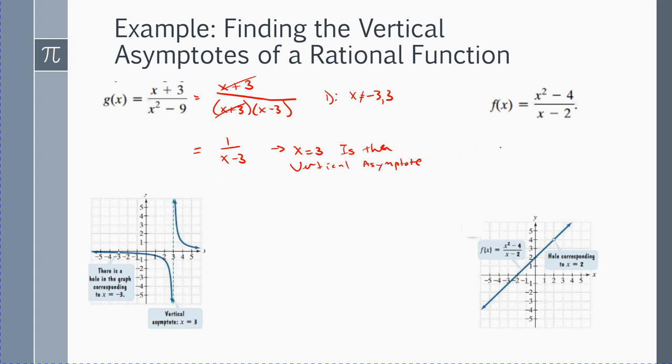So here, let's look at this. f of x is equal to x squared minus 4 divided by x minus 2. Again, the domain: x cannot be equal to 2. But when I simplify this, it cancels out and you're just left with x plus 2. So there's no divide by 0 here, and there's no vertical asymptote.